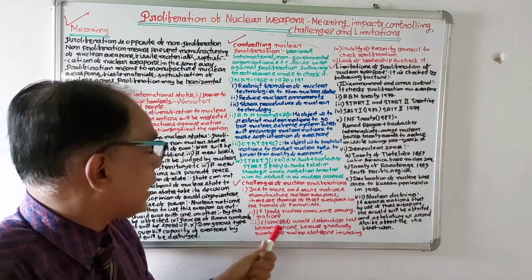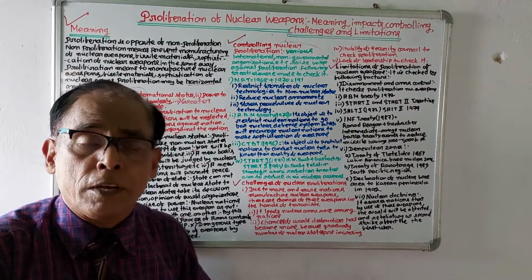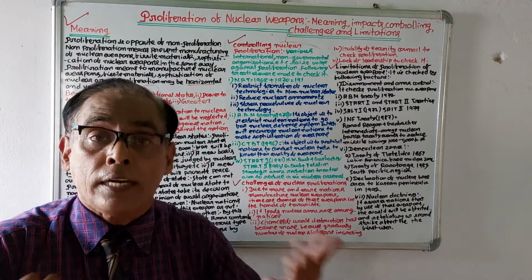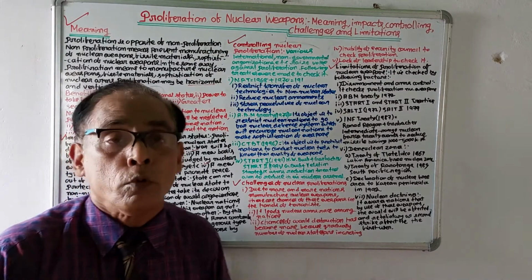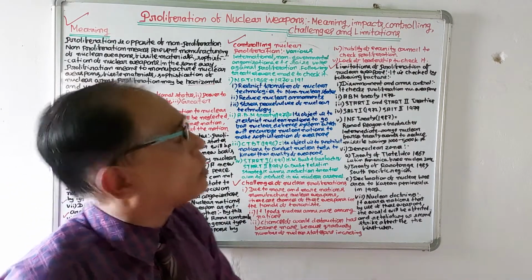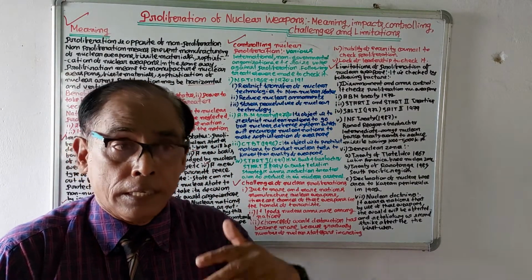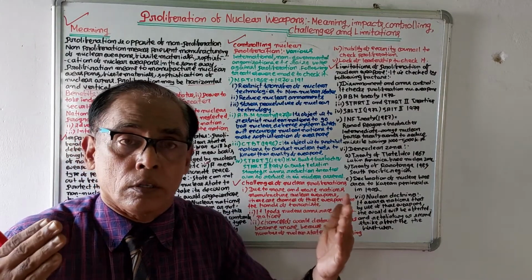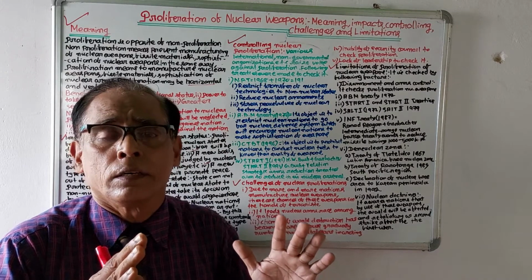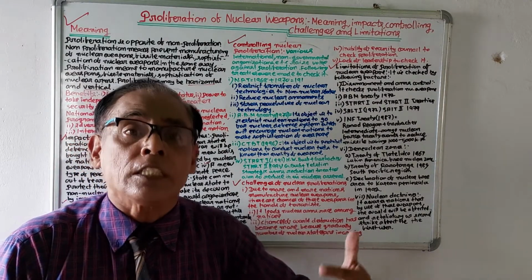Number 3, chances of world destruction have become greater. As more and more nations are manufacturing nuclear weapons, chances of world destruction have become greater. Number 4, inability of the Security Council to check proliferation. Another danger is that the Security Council of UNO is unable to protect the world from proliferation of nuclear weapons.